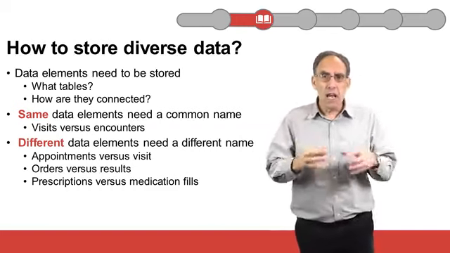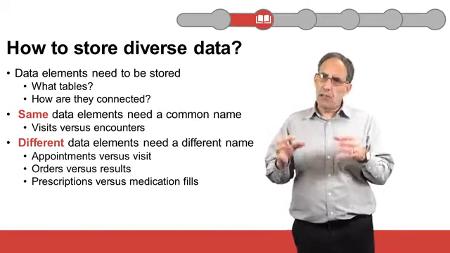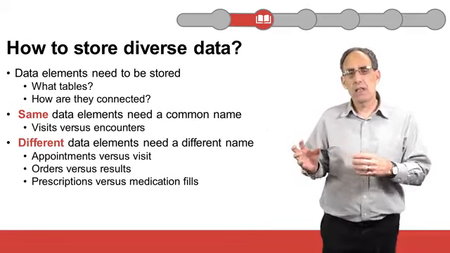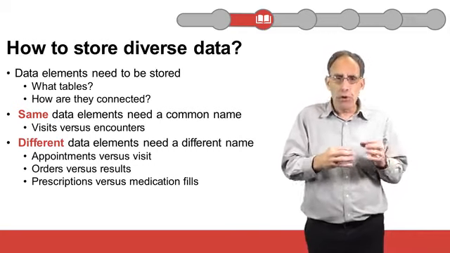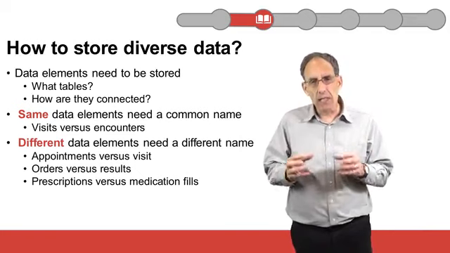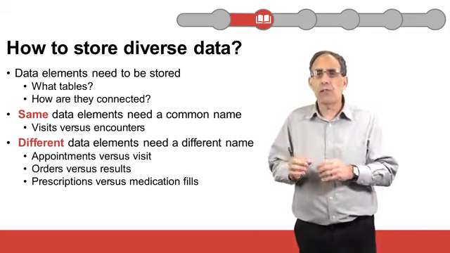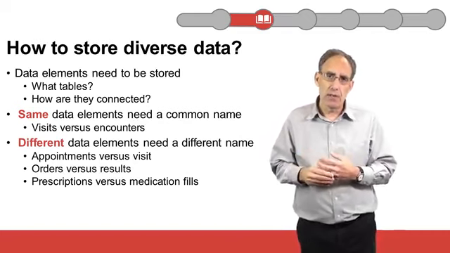An order to have some task performed is different than the results obtained by completing that task. And a prescription for a medication is different from a record documenting that the patient actually went to the pharmacy and received the medication requested in the prescription.